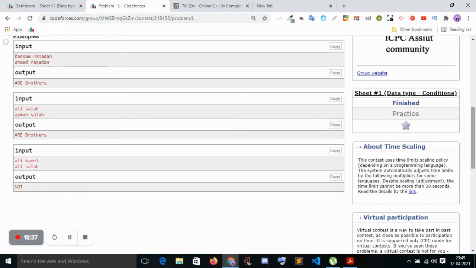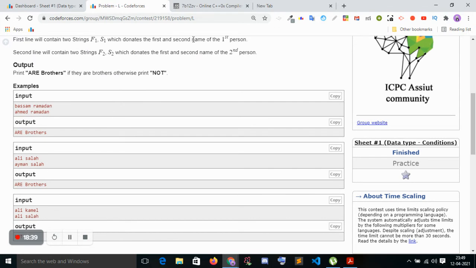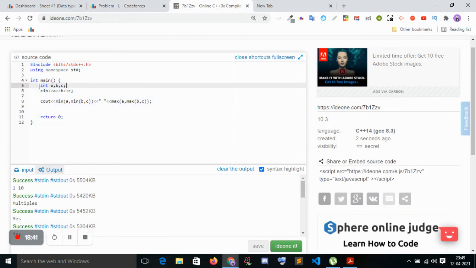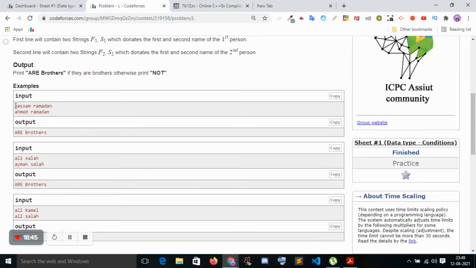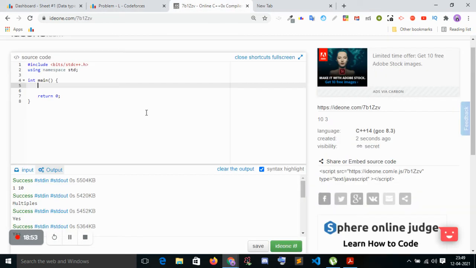This is a very good question. So what should I do? First, I have to take four inputs: the first two inputs as strings and the second two inputs. You can use getline, but I will not use getline because with getline I again have to compare it, so it is very hard for me to compare.